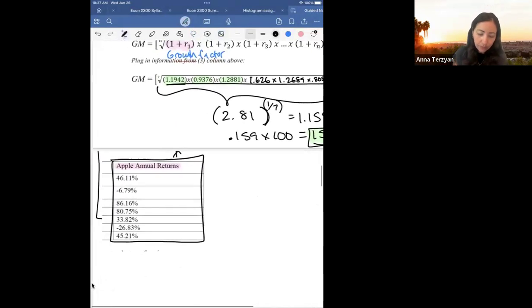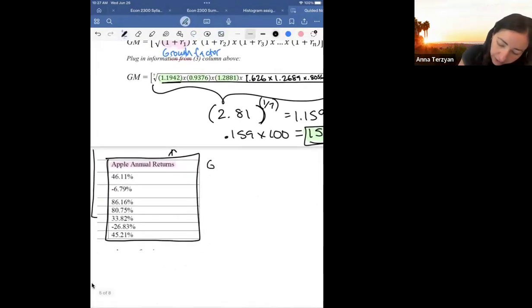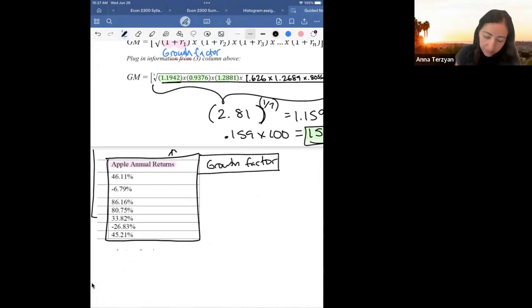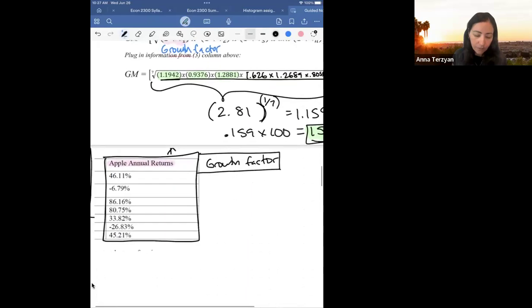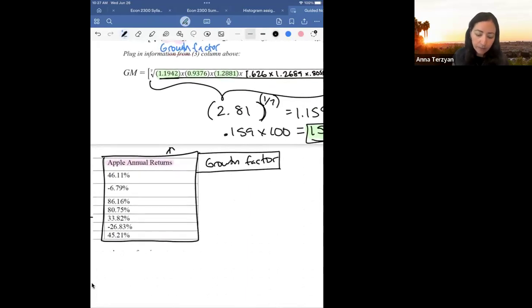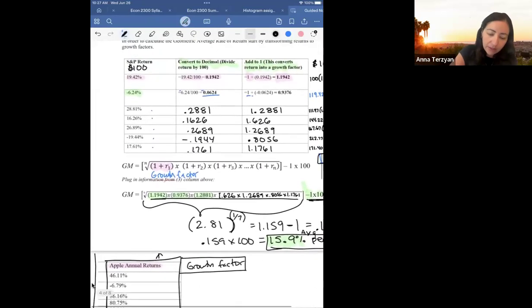So here's our data. What's the growth factor for each of these? What's the growth factor for the first period? I'm just skipping this step, so just do this one.